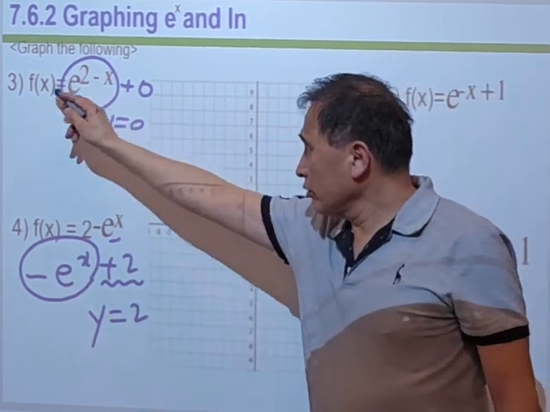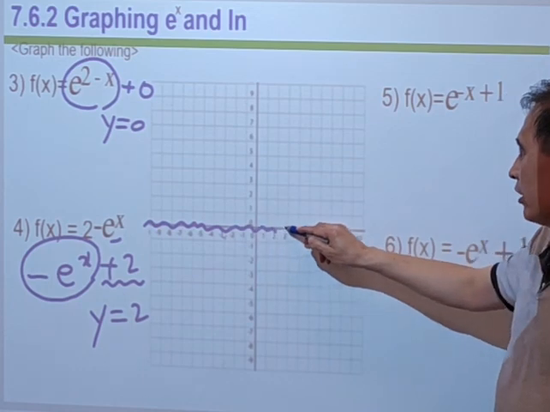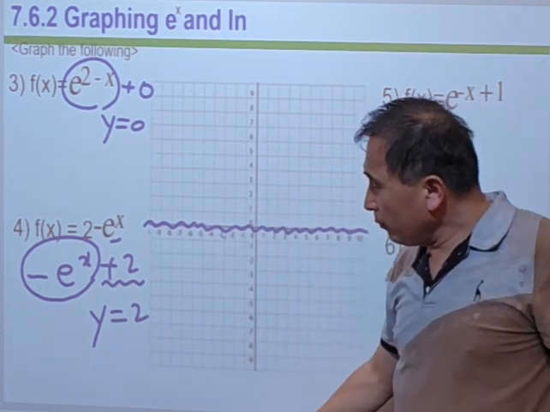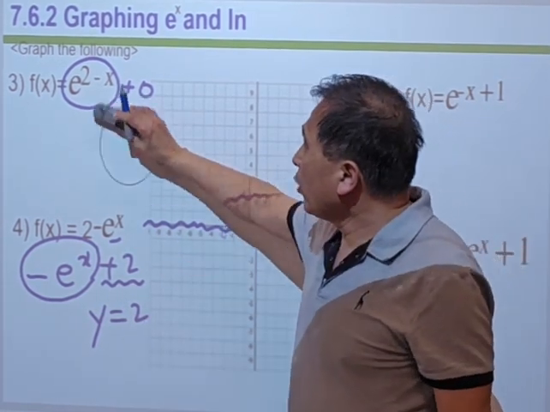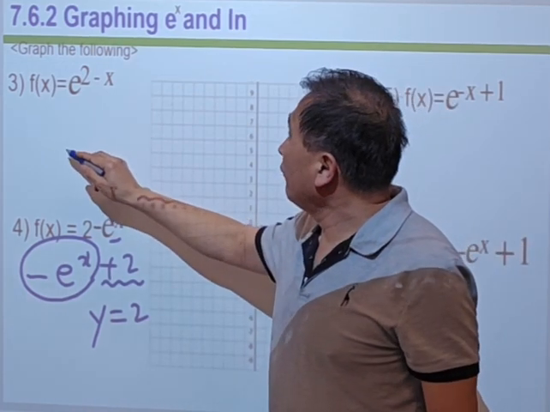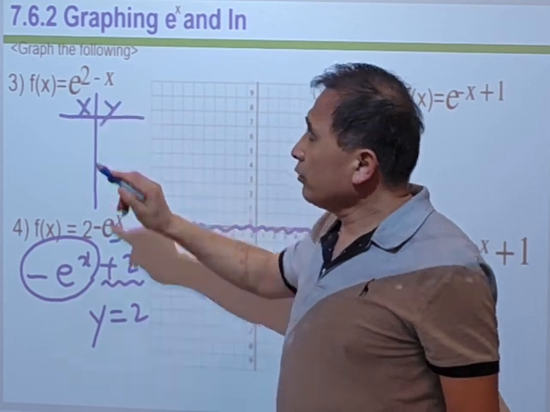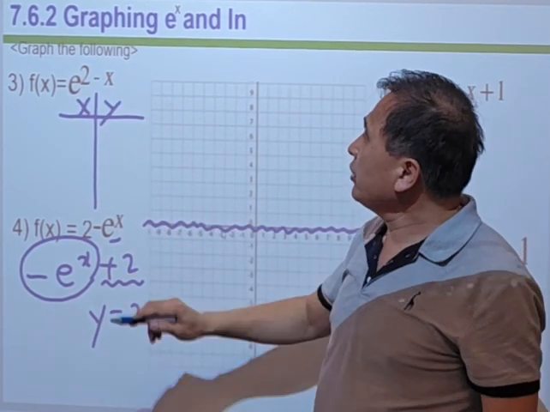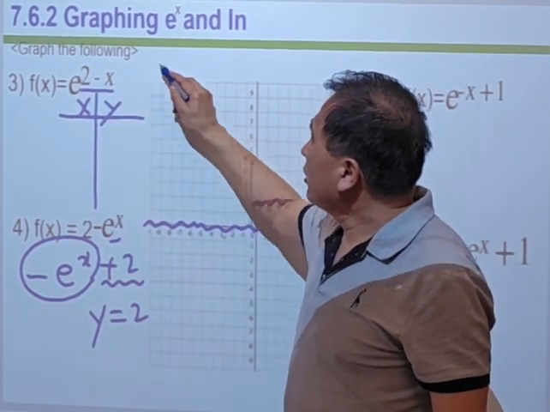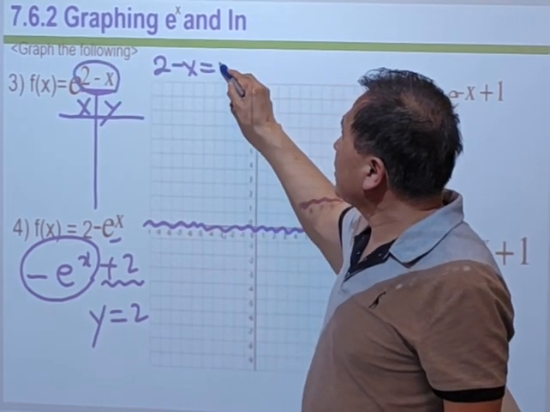So let's draw this number 3 first. The asymptote is y equals 0, a horizontal asymptote right there. So we're going to find the 3 points passing through this exponential function. Let's find x values and y values. We will find good x values here. First, the exponent 2 minus x, we make that 0 to find the x value.